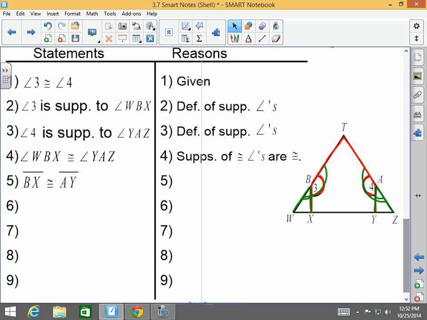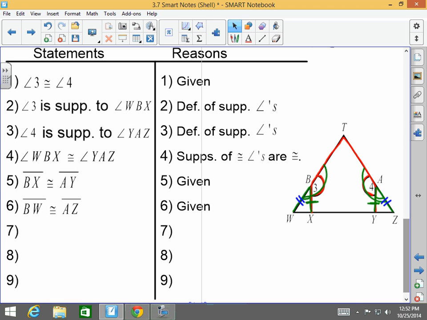We were also given that BX is congruent to AY. BX, which is this guy right here, is congruent to AY. We were also given that BW is congruent to AZ. Those were both given to us.